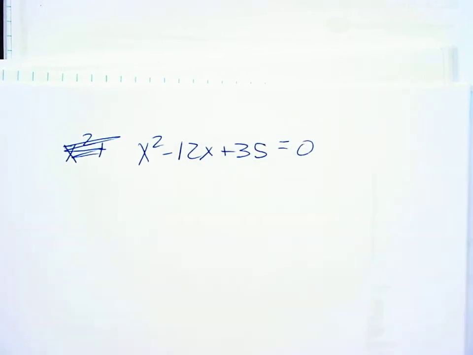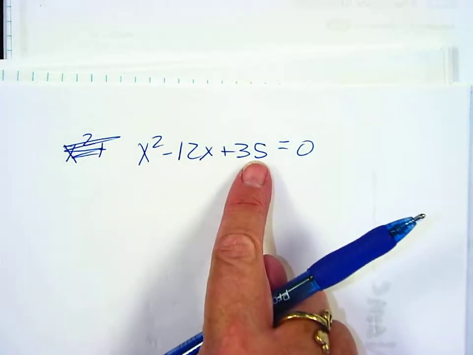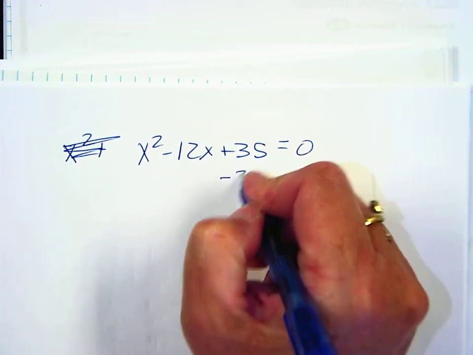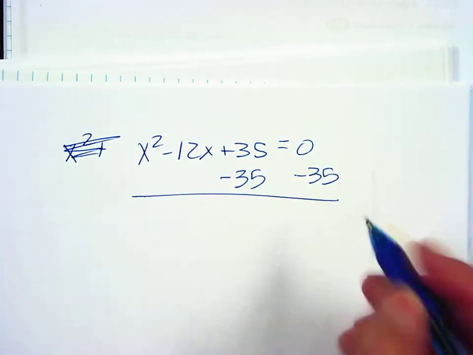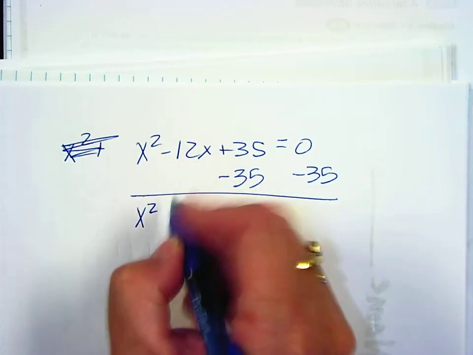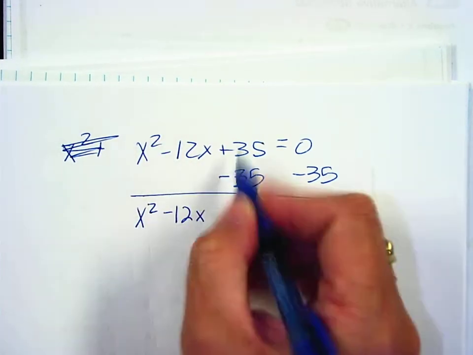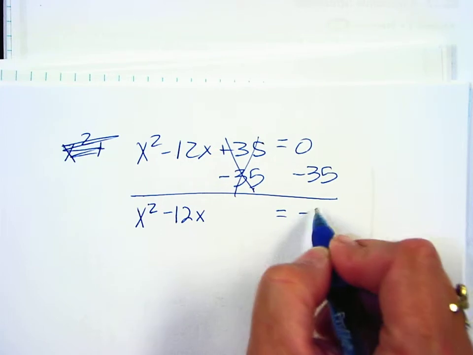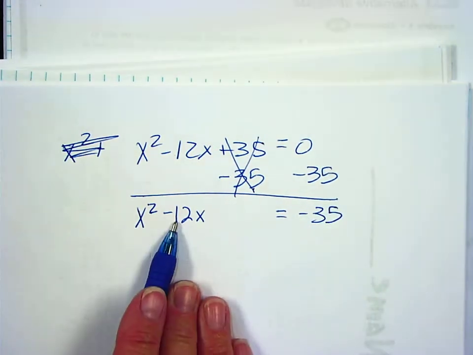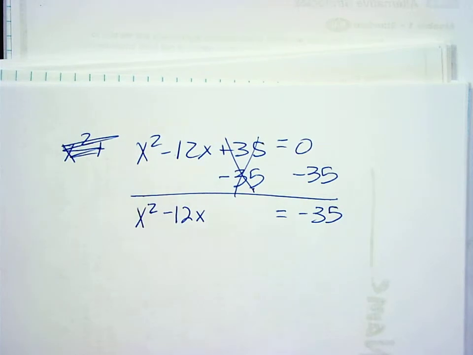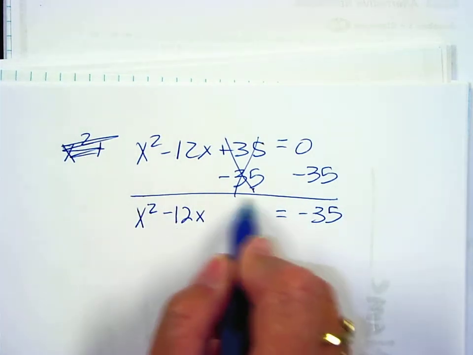Okay, this is already in standard form. It's not a PST because 35 isn't a square number, so let's get rid of 35. So now we have x squared minus 12x. These cancel out, and we have a negative 35 over here. Now, if I want this to be a PST, what I have to do, I need a new c here, don't I?